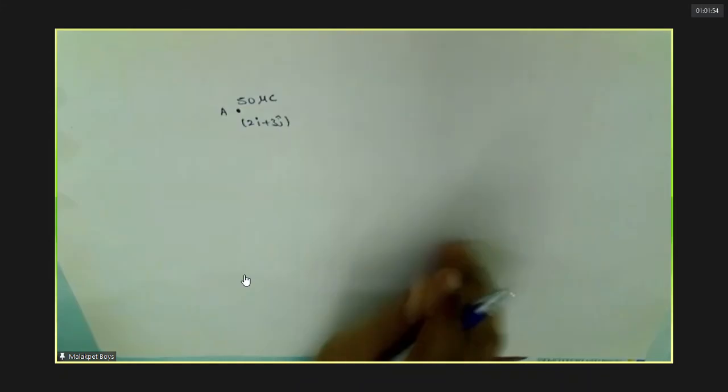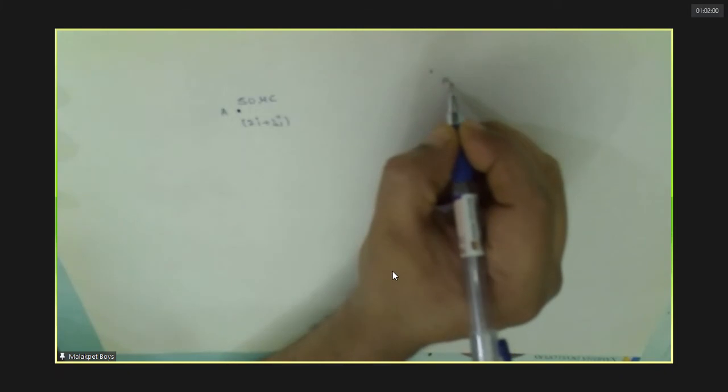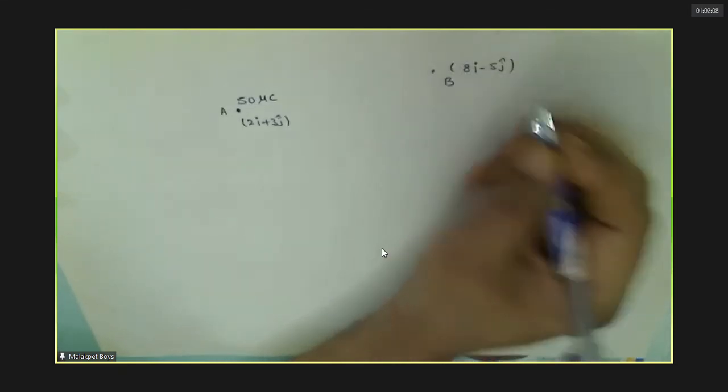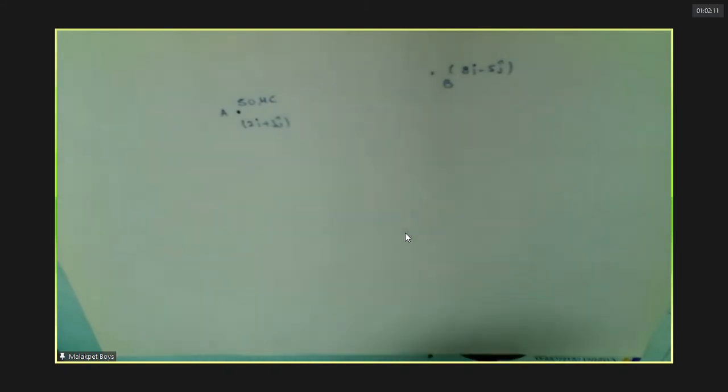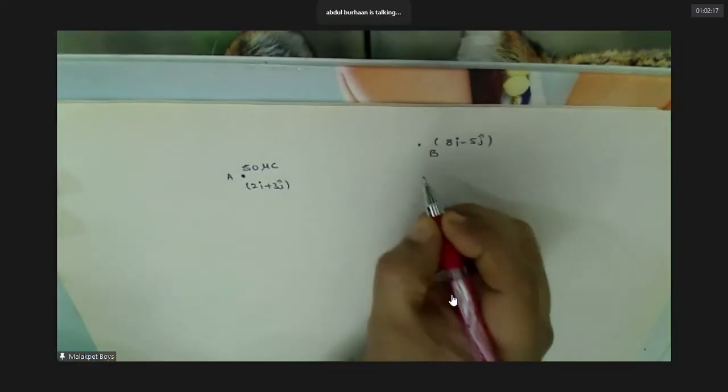Now, there is one charge here. You need the force at a point. Wherever you need to find the electric field, what should we do? Place a +1 coulomb charge.